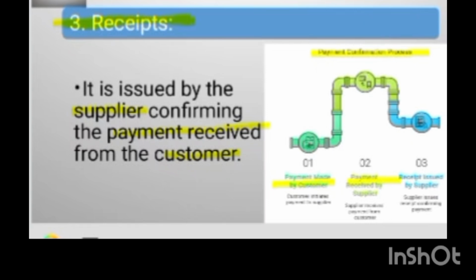Then receipt issued by the supplier. Then he will give the receipt, the bill, to the customer as a proof that he has paid the dues, or he has paid for the goods that he has received.